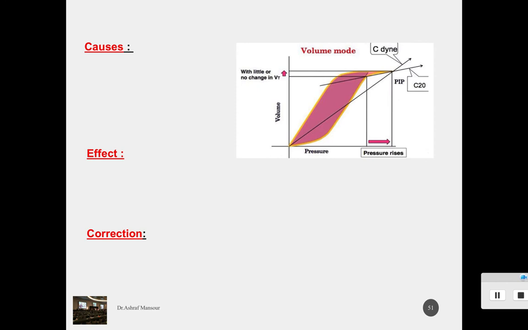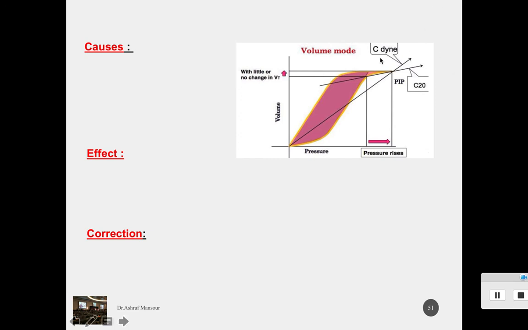So this is again the compliance curve, and here the curve has a shape like the peak of a duck or whatever, this peak. So this means that C20 over C is less than 0.8, and there is hyperexpansion.